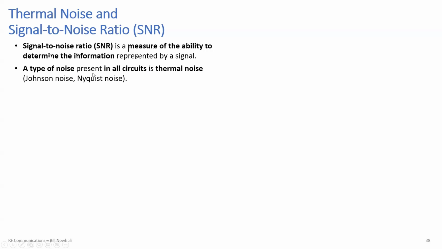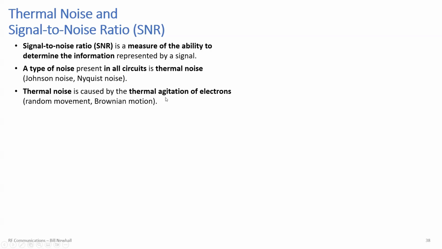There's a type of noise that is present in all circuits, and that is thermal noise. So practically you will always have thermal noise generated in your circuit and by your circuit. Thermal noise is actually caused by the random movement of electrons.